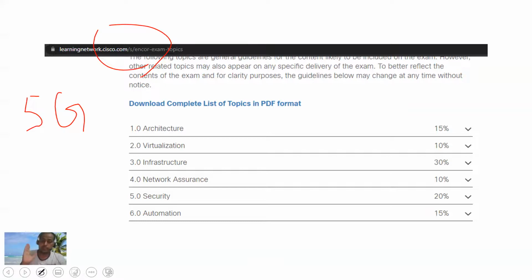The answer is yes, because you will find that 5G is putting too many things inside automation. There are certain different parameters related to security. The evolution of 5G is because we want network assurance and visibility in radio waves. The ISPs want to know where exactly the data is going, and they want to create customized applications, etc.